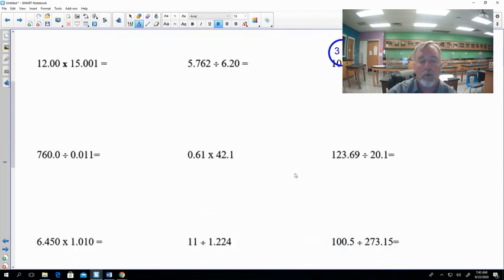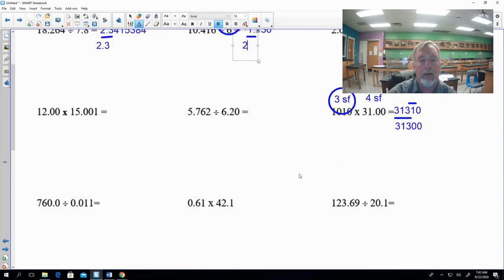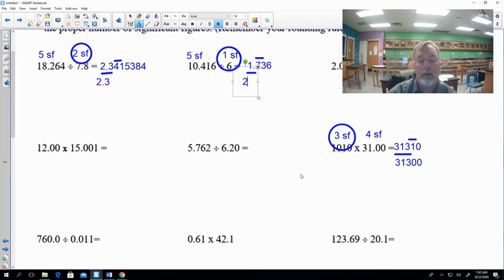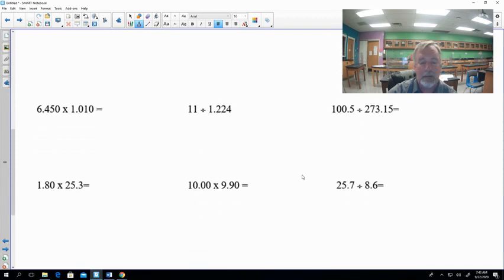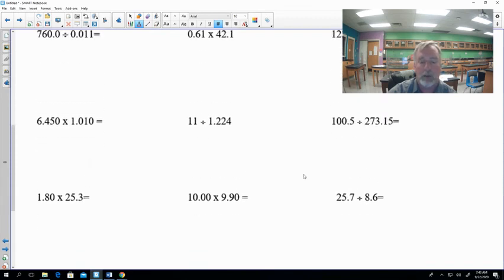Let's see. I'm going to do one more here. I'm trying to pick one that I think looks a little challenging. Let's do a multiplication just to have a little bit of fun.